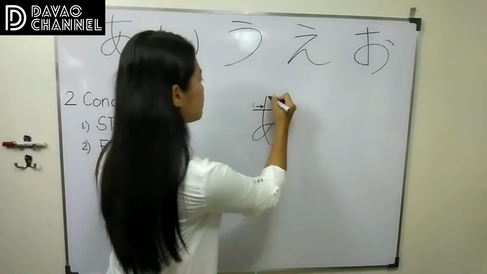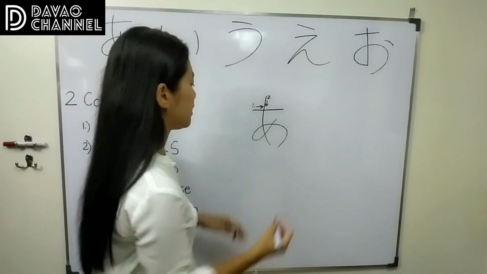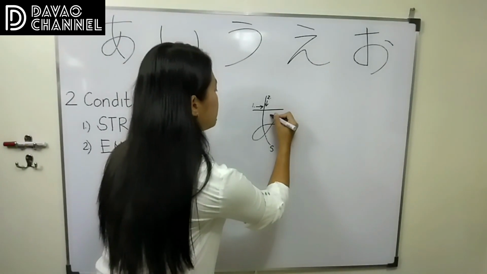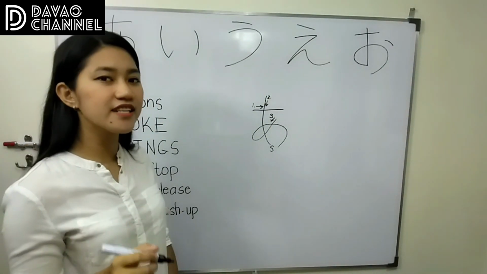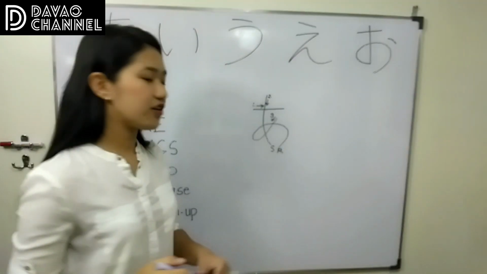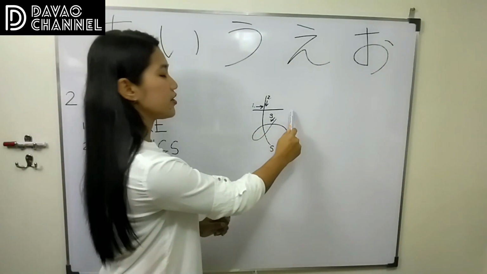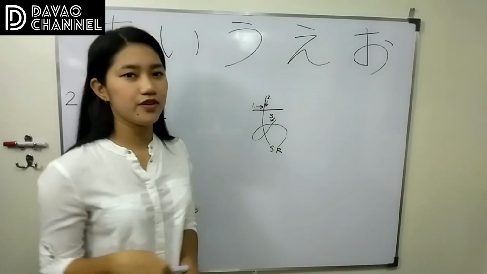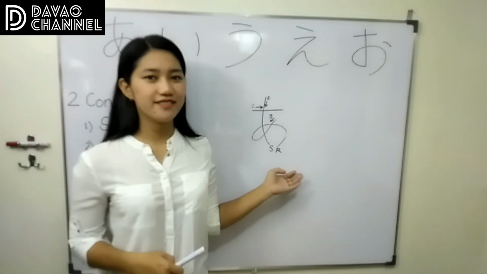And our second stroke, from here downward and stop in here. And then our third stroke to that area, and it has a release ending. Okay, do you get it? First stroke, second stroke, and third stroke. That's how we are going to write our letter A.